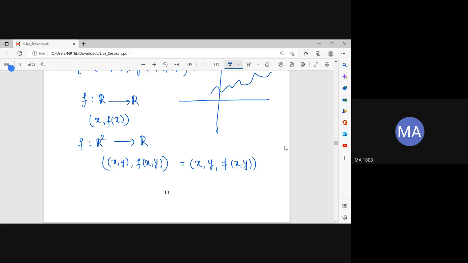So the graph is in R3, right? Yes. So the graph of f is going to be a subset of the Cartesian product, domain cross codomain. Agreed?